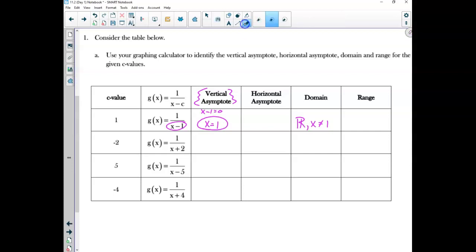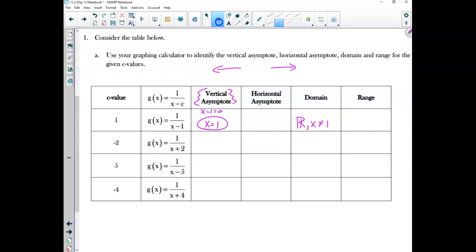Horizontal asymptotes are simply thinking, as I'm going to the right or way out to the left, what is my function getting snug as a bug in a rug to? Well, I'm going to give you a little clue. Rational functions can have at most one horizontal asymptote, okay? They do not have to have one, but a great deal of them do.